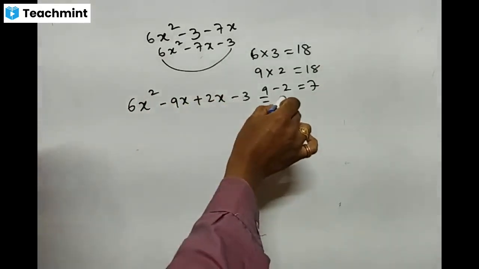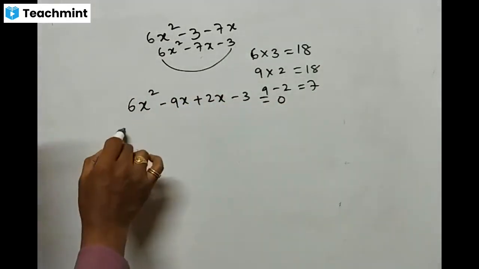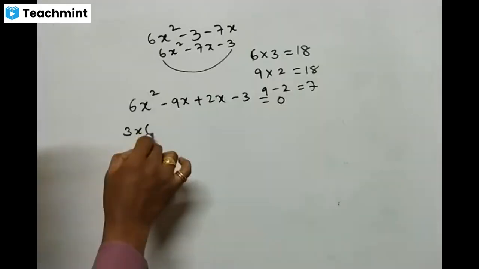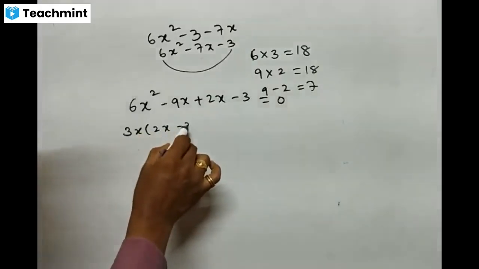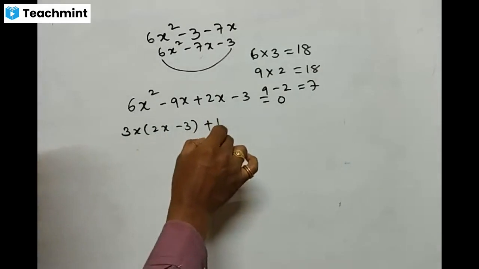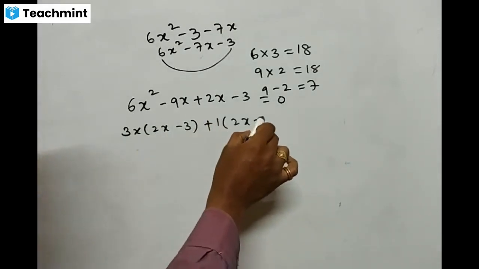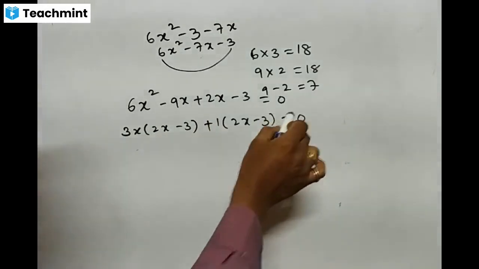Okay. Take 3x common. Here 1 common. 2x minus 3 equals 0.